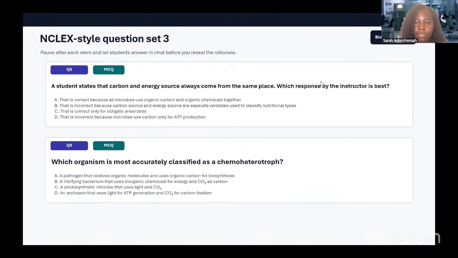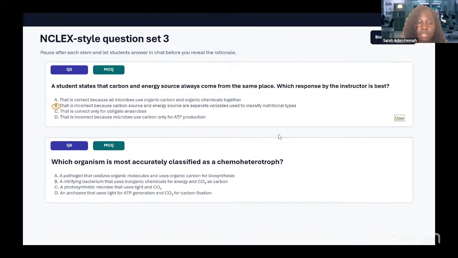B, I'm getting a couple of Bs, and I agree, the correct answer would definitely be B. This statement is incorrect, and that is mainly because we explained that you can get carbon from a chemical, organic source, and from an inorganic carbon dioxide source. Energy can also come from chemicals or from light. So making that huge assumption that energy and carbon are all coming from the same source is definitely incorrect in this case. So let's look at question number 6.